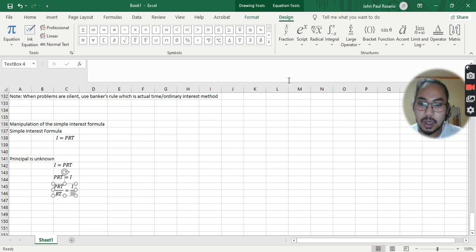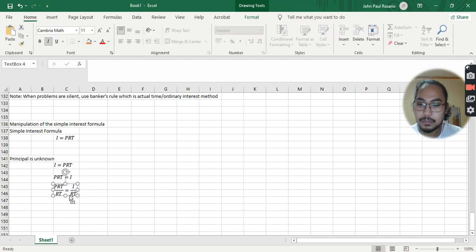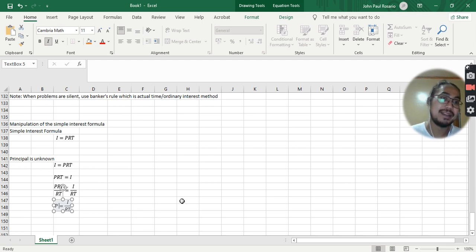RT here will be cancelled out. So what remains is P is equal to I over RT. This is now your shortcut formula when the principal is unknown.